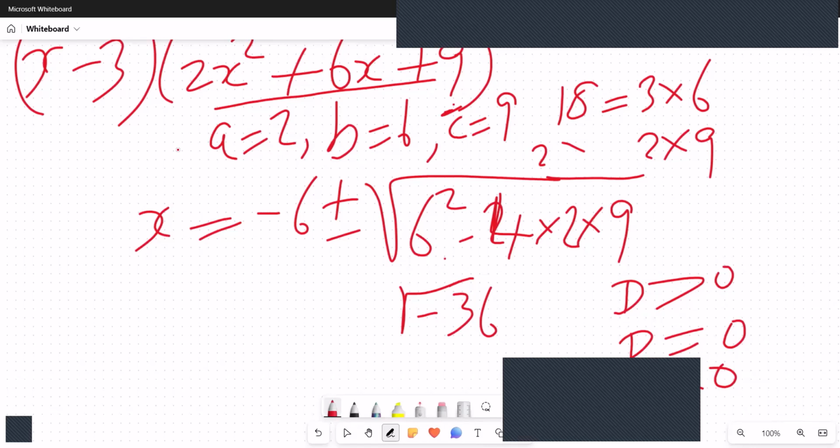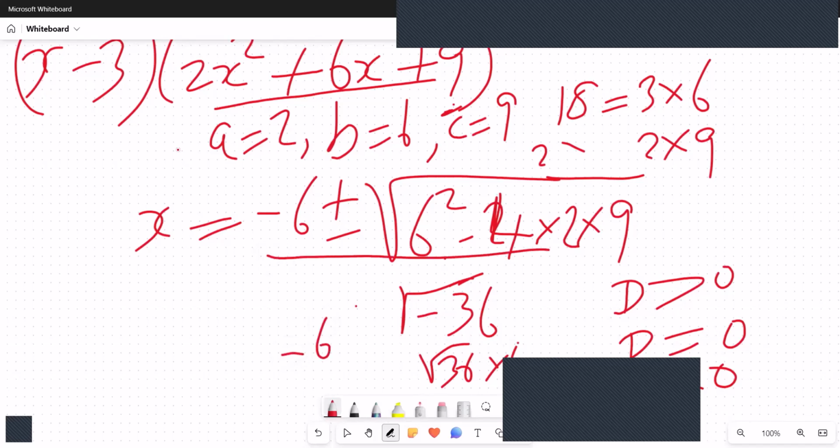So we are going to check our answer, see if our answer works. Okay, so that's what I have. This is the square root of negative 36, so I can rewrite it as the square root of 36 multiplied by i, and I can have negative 6.